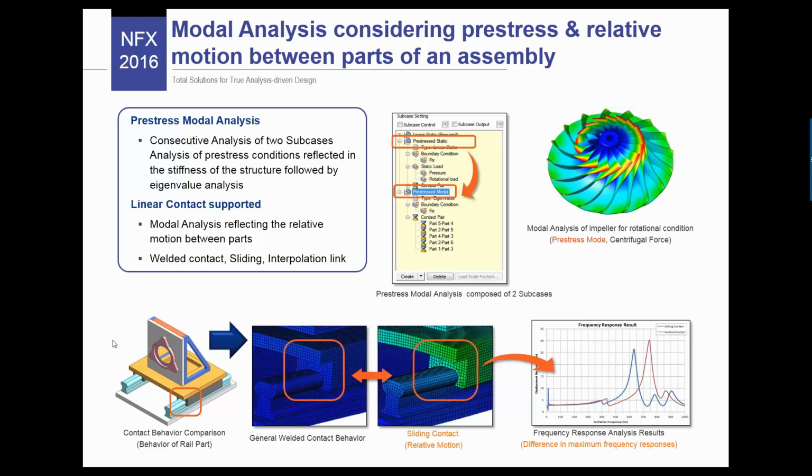This linear sliding is sometimes very useful and can change the behavior of your assembly a lot. If your software only provides glued contact, or what we call in midas NFX welded contact, then you may get inaccuracies. As you can see here, for this frequency response analysis, there's a big difference in the peak whether you use general welded contact or a sliding contact.